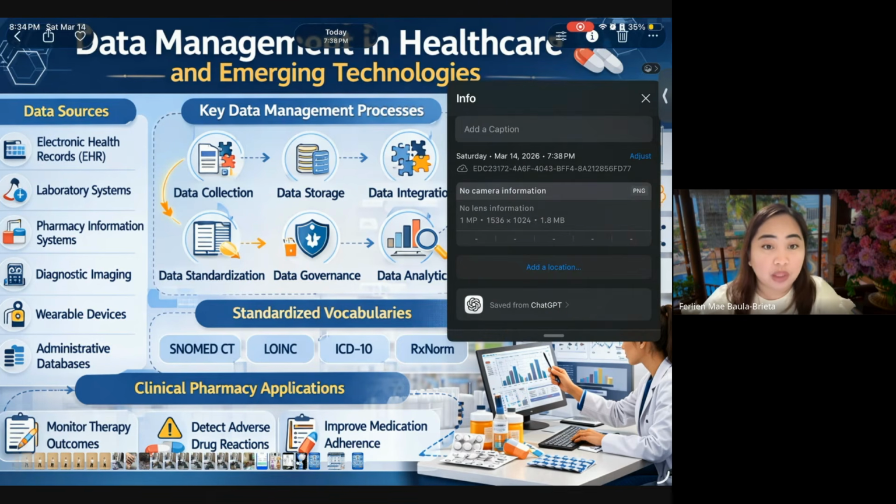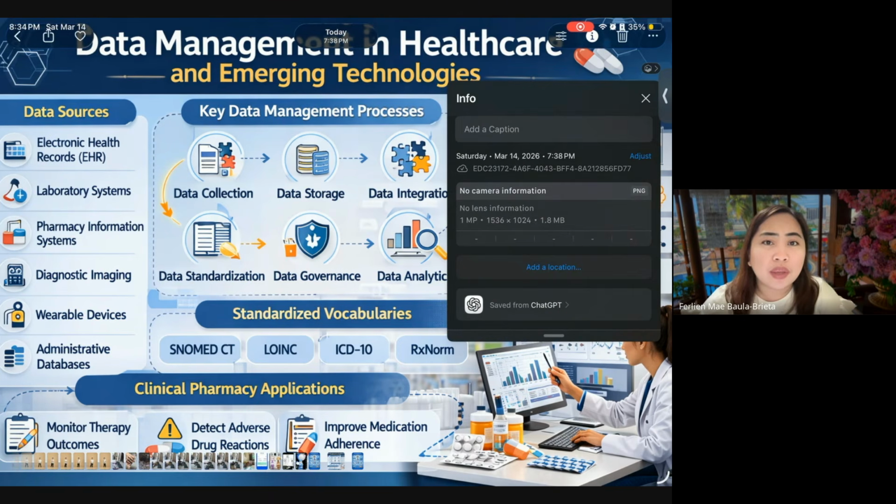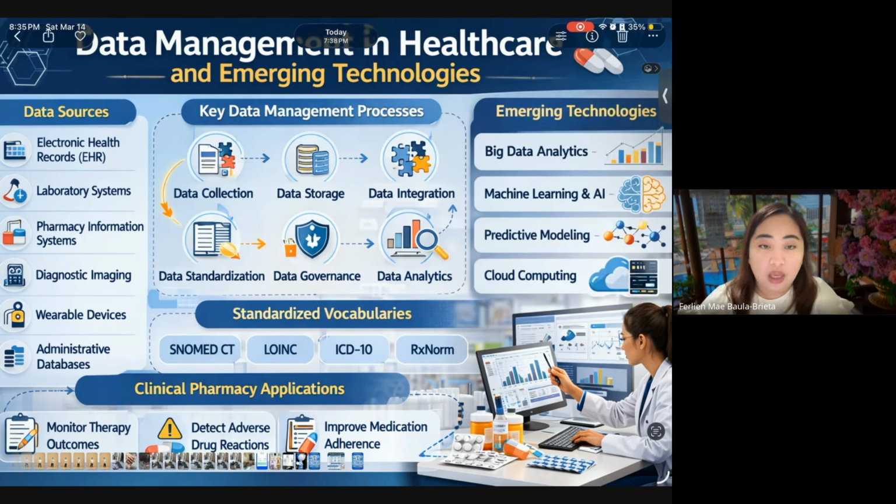So, to begin with, we have here healthcare systems. Our healthcare systems generate enormous volumes of data from our electronic health records. As I've mentioned in the previous module, it has patient information, past medical history, medication history, the present illness, of course, laboratory systems.